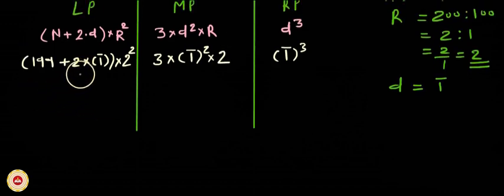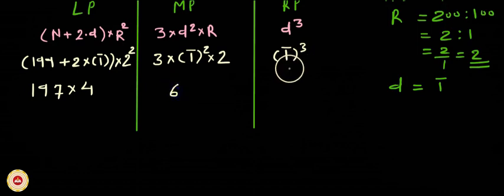So let us solve further. 199 plus 2 multiplied by -1, that is 199 minus 2 is 197. 197 multiplied by 2 squared is 4. What is the middle part? 3 multiplied by -1 squared, that is 3 multiplied by 1, that is 3. 3 multiplied by 2, that is 6.